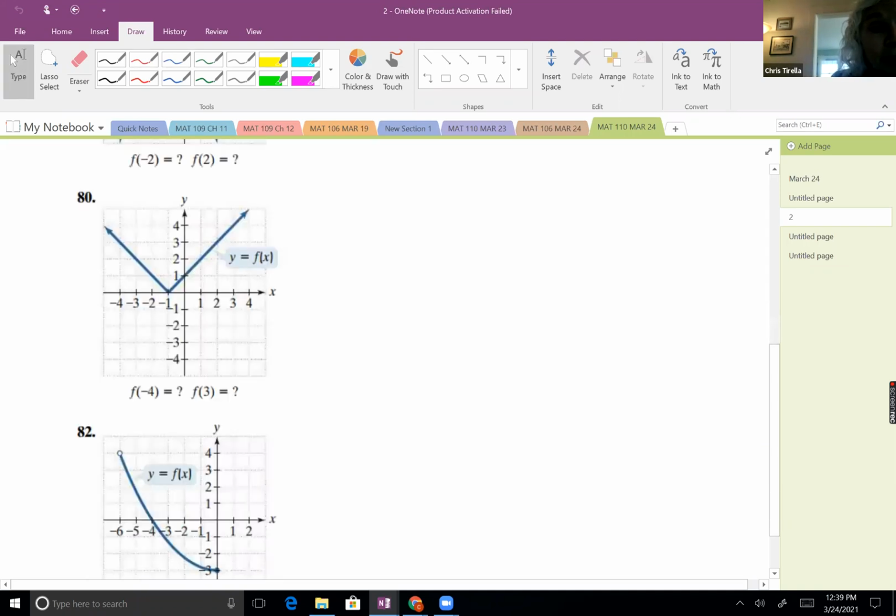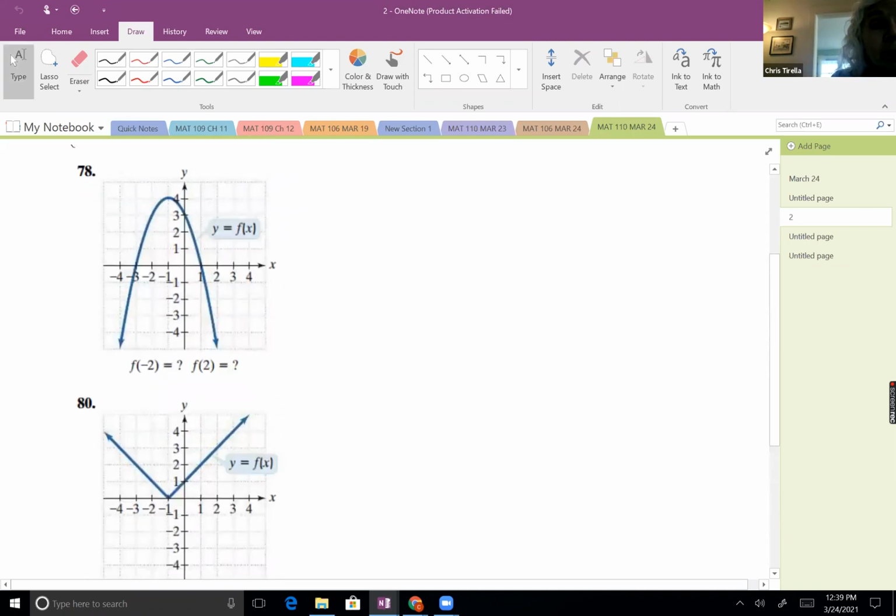This question here, 78. Again, for each of these, we're supposed to find the domain. And remember that the domain are the x values. As I look at that blue graph, there's no breaks in it, so we're going to have an interval.